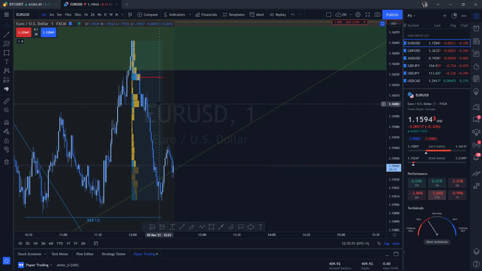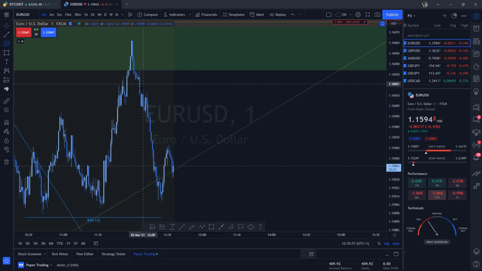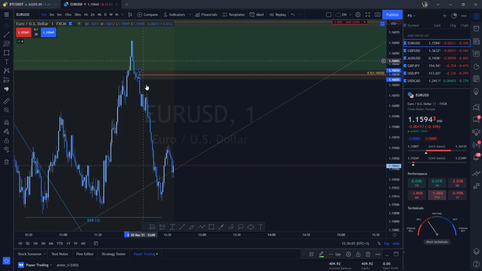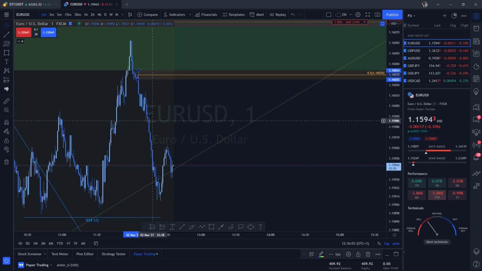Looking at the confluence, let's just delete this one. So this is now the last buy to sell before the break of structure.